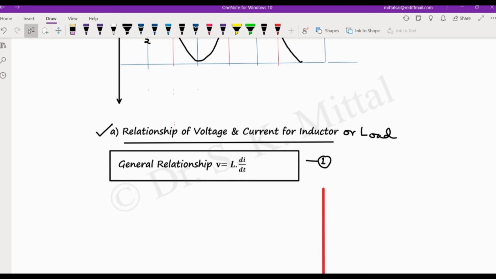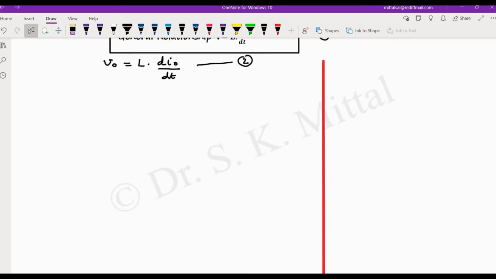Therefore, since we have represented output voltage V0, inductive load by L and output current by I0, on the basis of equation number 1, we can say that output voltage V0 is equal to L into di0 by dt.